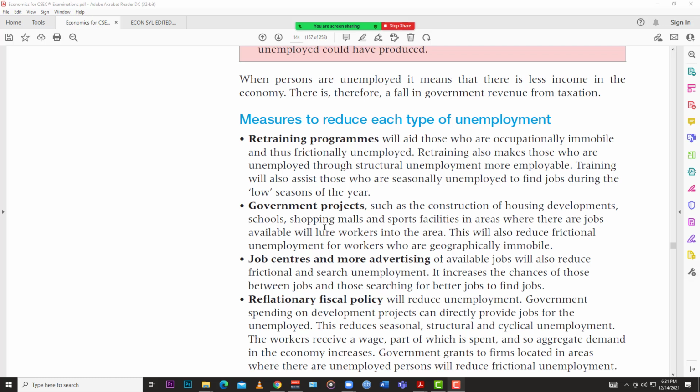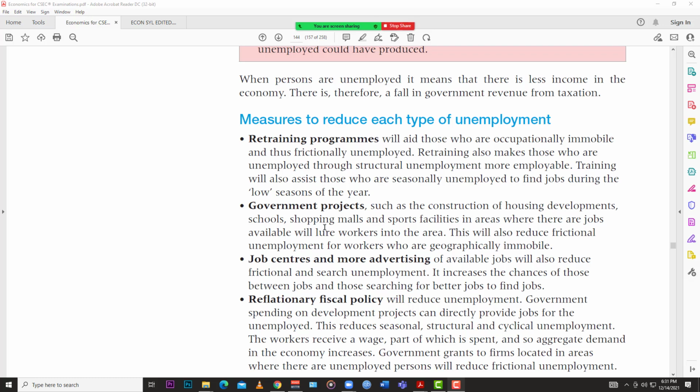Retraining also makes those who are unemployed through structural unemployment more employable. So training and education is key here to try to reduce unemployment. Training will also assist those who are seasonally unemployed to find jobs during the low season of the year. So training can help to combat the majority of the types of unemployment.